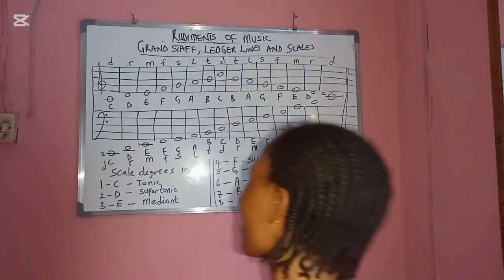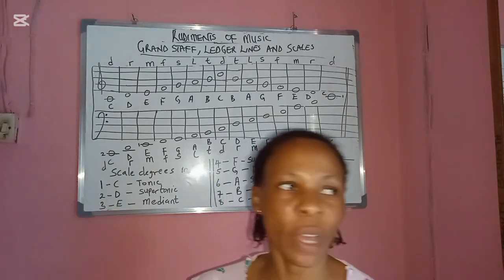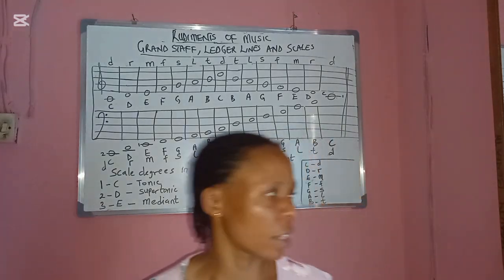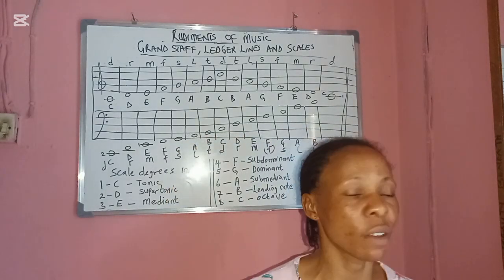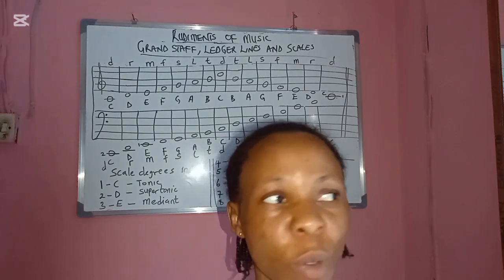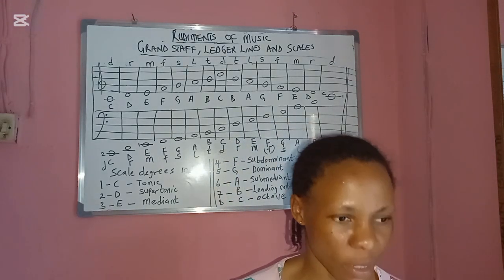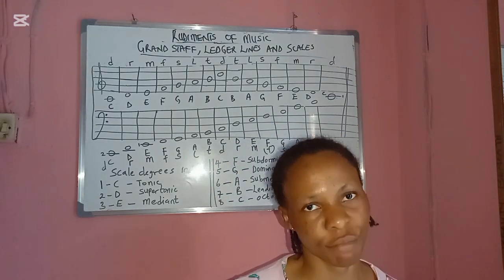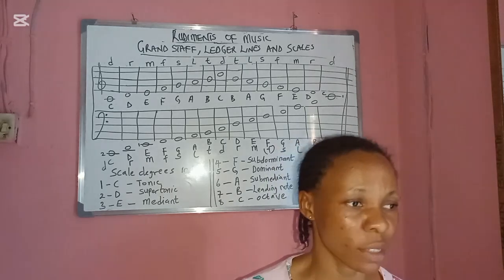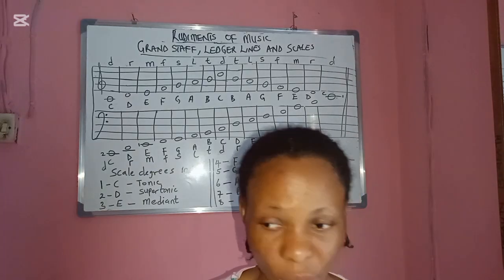Okay, so we are going to start with the key of C, to see how it works, because when we understand the key of C, then we can understand other keys and the scale degrees too.